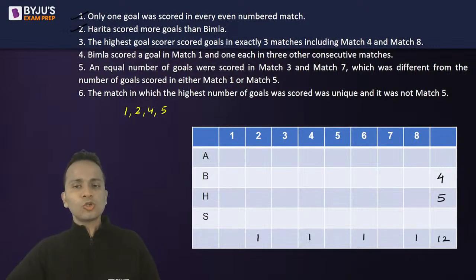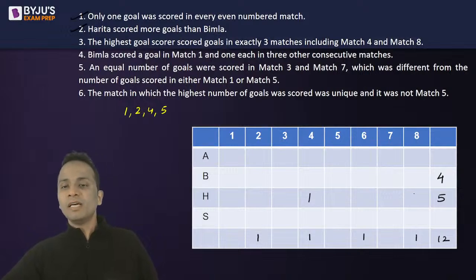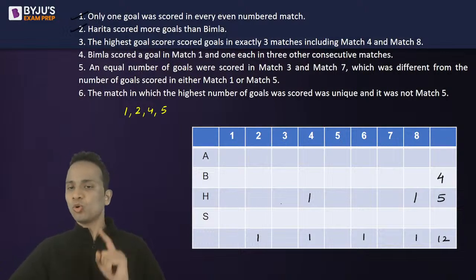Now the total goals scored in match number 4 is 1. So this person who has scored in match number 4 can score only 1 goal in this match. Similarly, in match number 8, Harita will score only 1 goal.